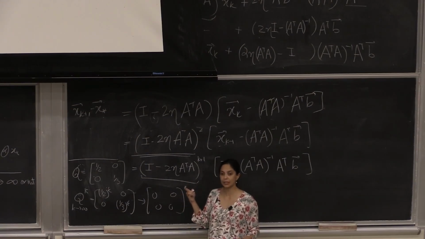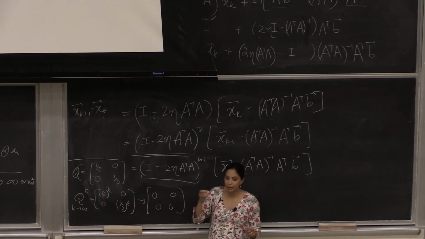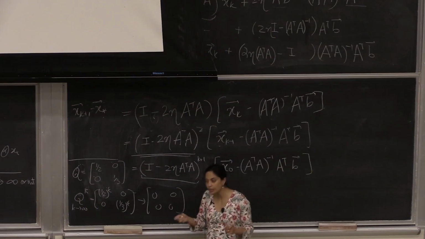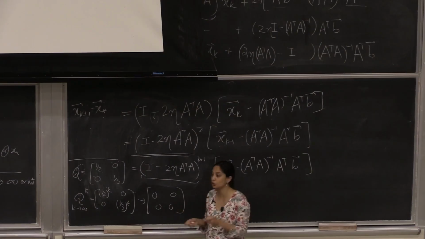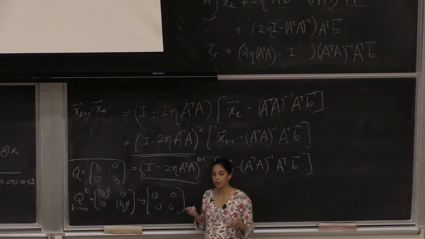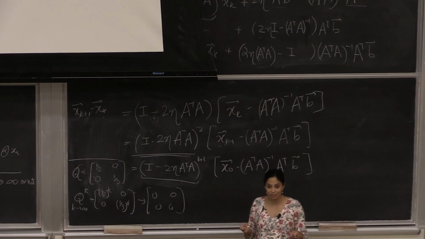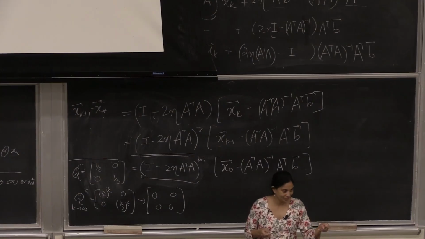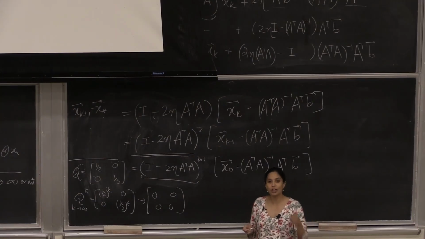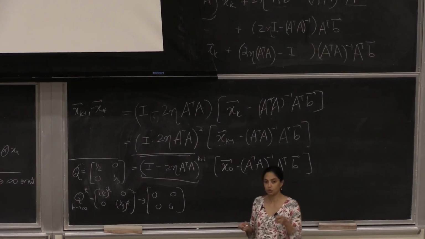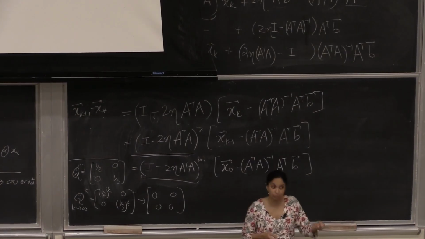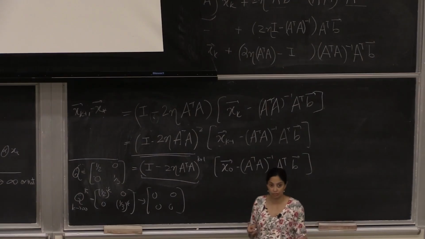Basically, if I have something that has a very small rate of decay, then it might take me 1,000 steps, 10,000 steps to get to 0. But I will eventually get there. So what you often want to do is find that eta that is large enough that you will converge quickly, but not so large that you're going to overshoot. Because if you choose an eta that is too small, you will converge, but it'll just take forever.